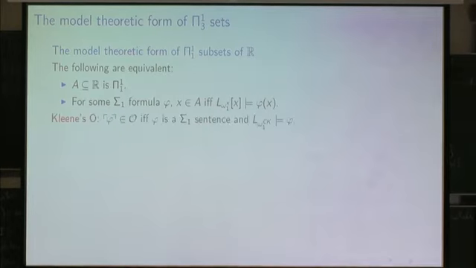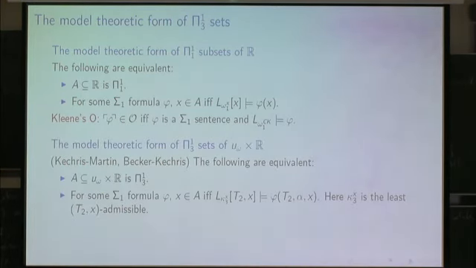From that we can define the Kleene O, which is the collection of Sigma_1 sentences true over the least admissible set. So O does not belong to L_(omega_1^CK), and it is in a sense the minimum one.